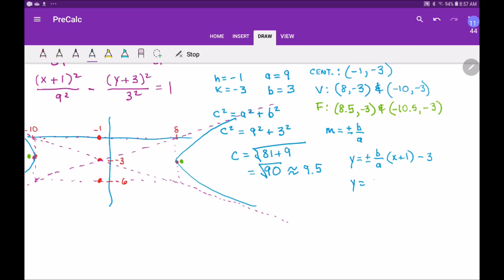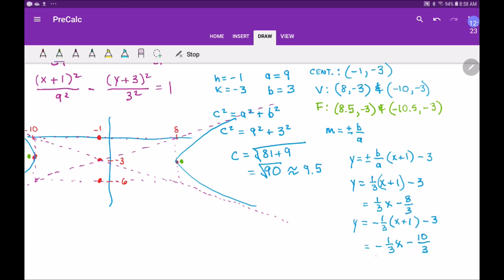I have 3 over 9, so that's 1/3, x plus 1, minus 3, so that's equal to 1/3 x plus 1/3 minus 9 over 3, so we're going to say minus 8 over 3. And y is equal to negative 1/3 x plus 1 minus 3, and now we have negative 1/3 x minus 10 over 3.